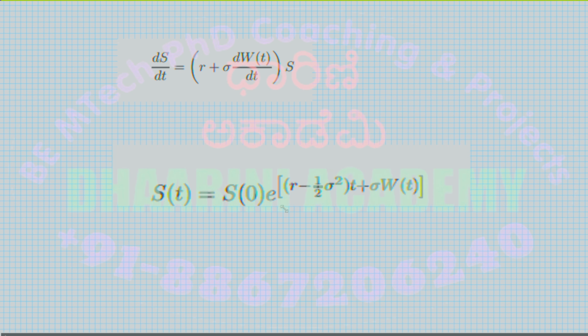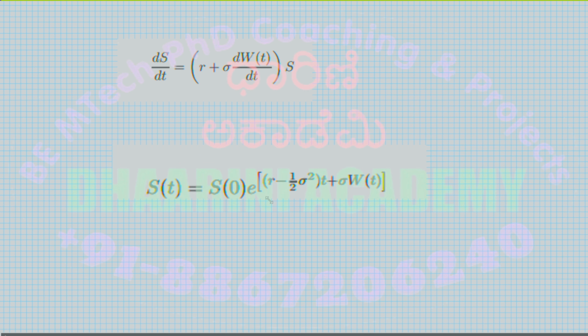Actually, in the code, we are going to write this one, which is the solution. You see dS(t)/dt was the actual differential equation. When we use mathematics, various methods are available to solve the differential equation. When you solve it, you get S(t).